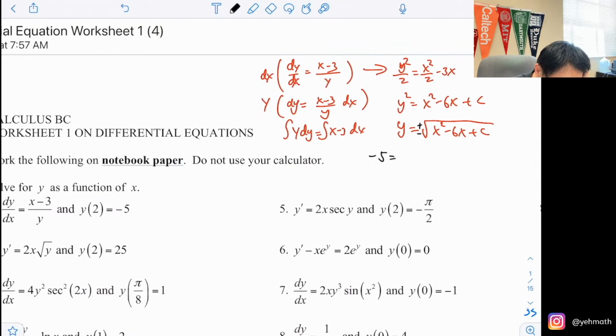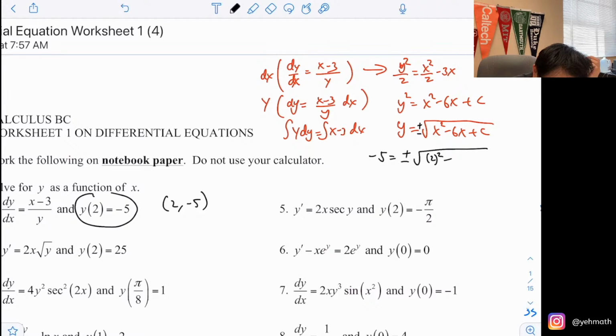I'm going to plug in the initial condition. The initial condition was (2, -5). Then -5 is equal to plus or minus the square root of, if I plug in 2, 2 squared minus 6 times 2, which is 12, plus c. So here's a question that's kind of confusing. If you square root something, it will always end up being which sign? Positive.